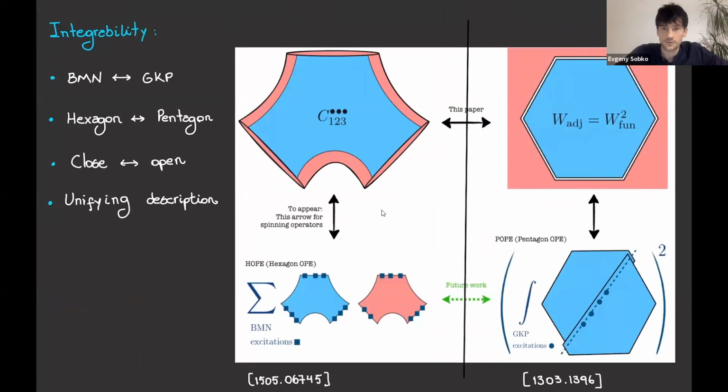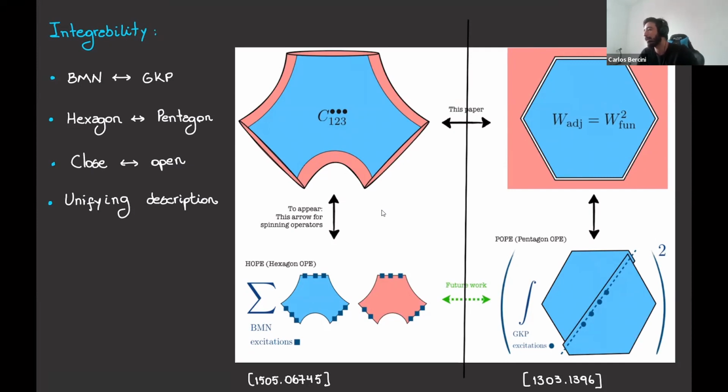Any other questions? In terms of highly excited hexagons, how hard is it going to be, because the complexity naively increases super rapidly. Yeah, if you just blindly try to do it on the computer, it doesn't work. So you need to be smart, and that's where we're working now.